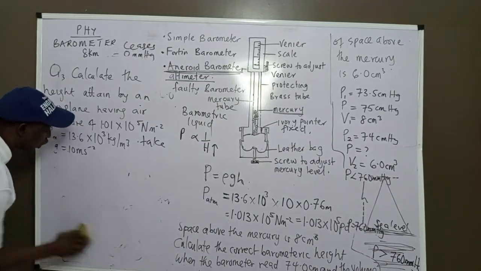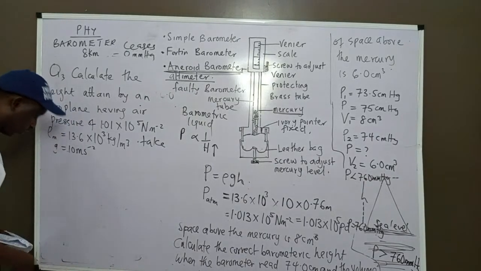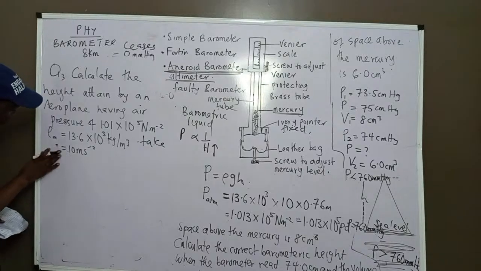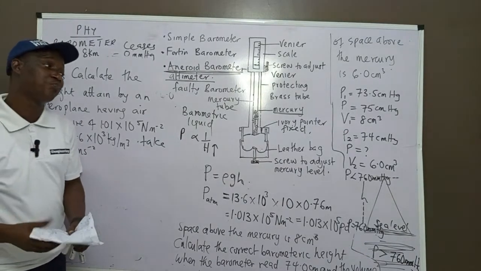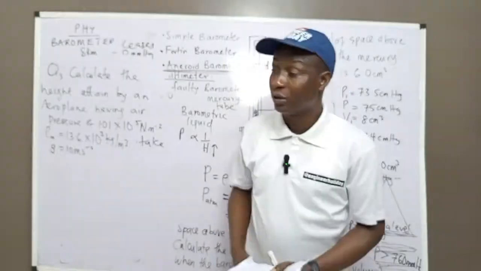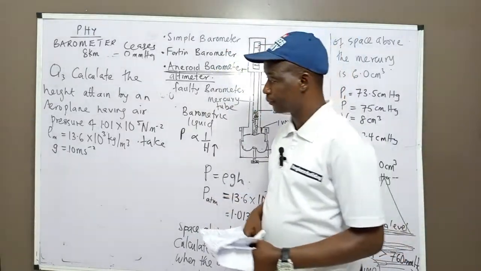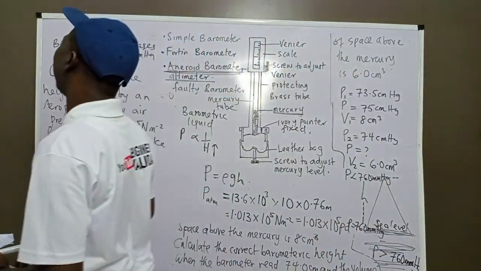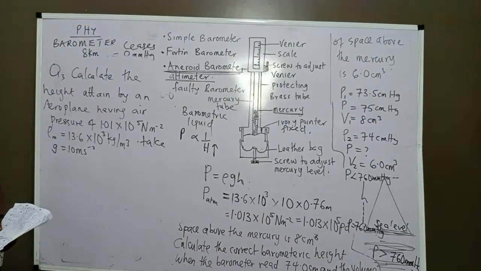Air pressure is also known as barometric pressure. Another name for air pressure is atmospheric pressure.